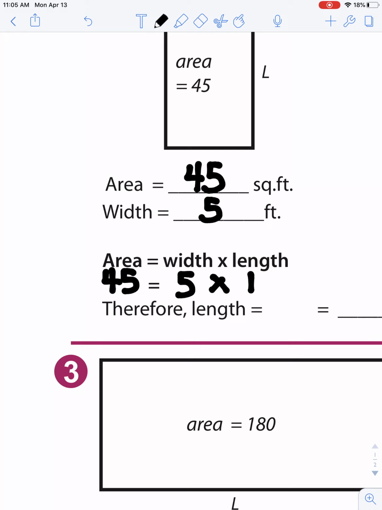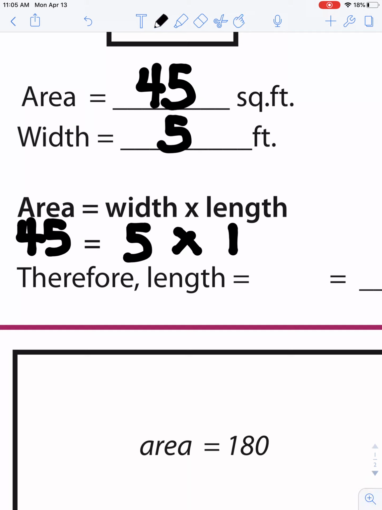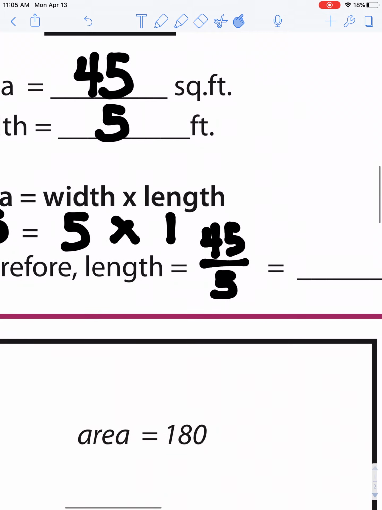We don't know what length equals yet. So just like the example did, we are going to set up a division problem. So 45 divided by 5 equals, and if you know this as a reflex fact, you know 5 times 9 equals 45. So 45 divided by 5 equals 9.